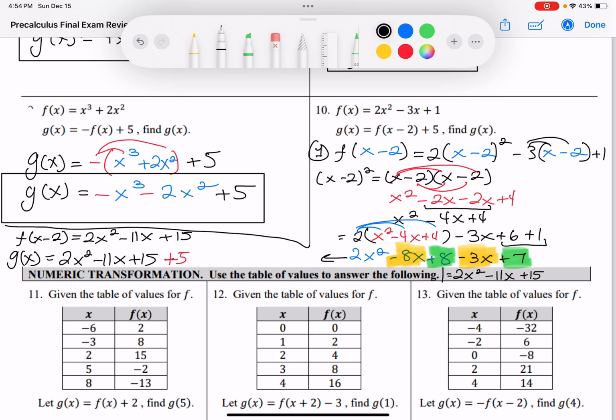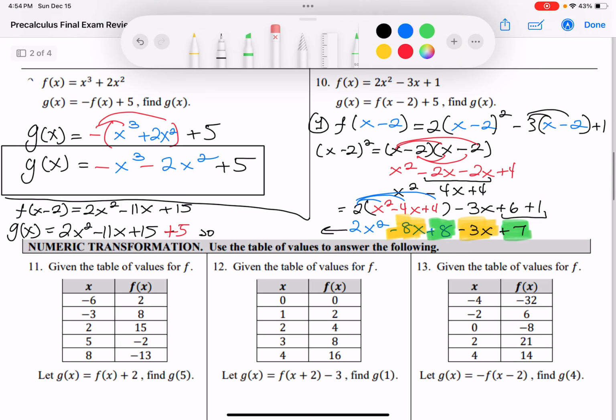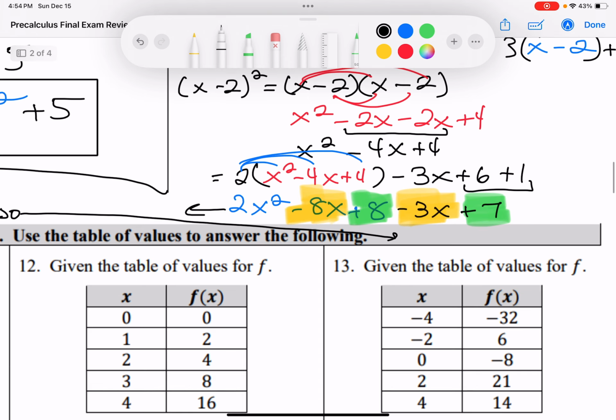So our answer, I'm going to write the answer down here. So our answer is 2x squared minus 11x plus 20.